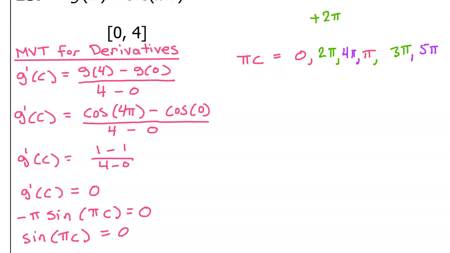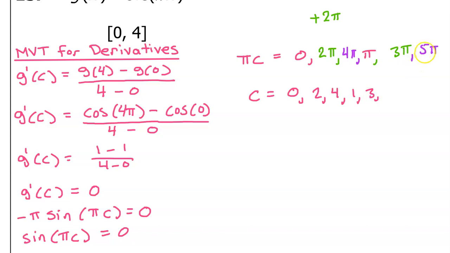To solve for c, I need to divide each of these by pi. So c will equal 0 divided by pi, which is still 0. 2 pi divided by pi is 2. 4 pi divided by pi is 4. Pi divided by pi is 1. 3 pi divided by pi is 3.